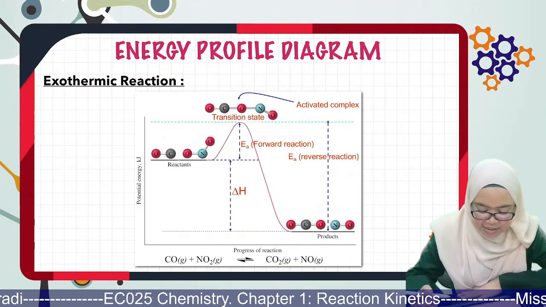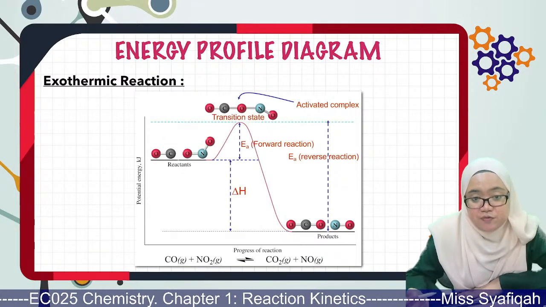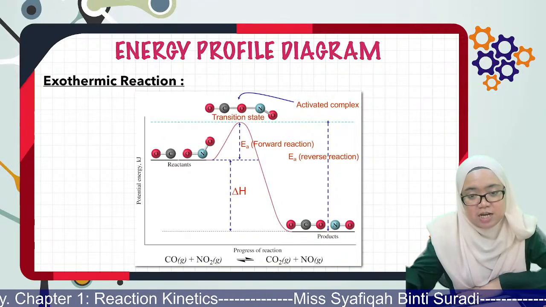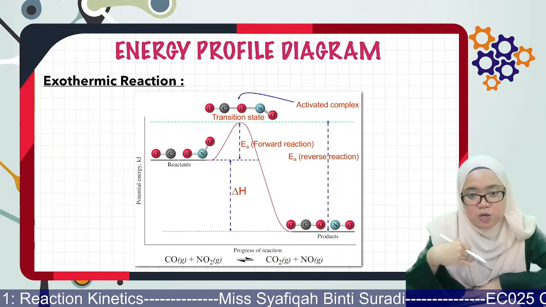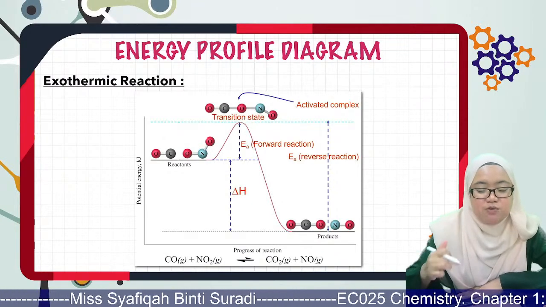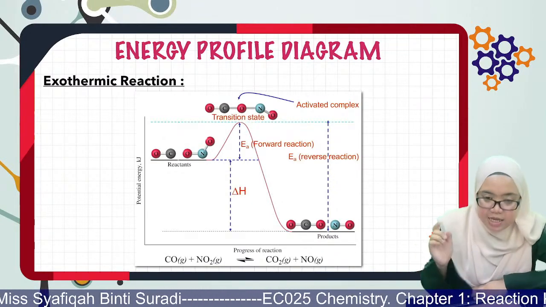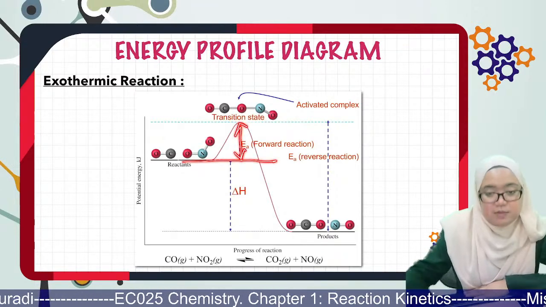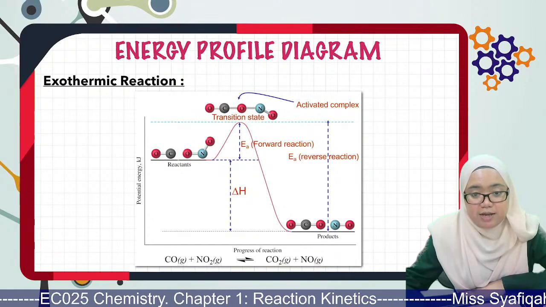Okay, so dekat sini kita ada forward reaction dengan reverse reaction. So maksudnya kita ada EA untuk forward reaction dan juga EA untuk reverse reaction. So kalau EA untuk forward reaction untuk exothermic ni means daripada reactant pergi produk. So EA dia adalah from reactant naik ke puncak ni. So ni EA untuk forward reaction.